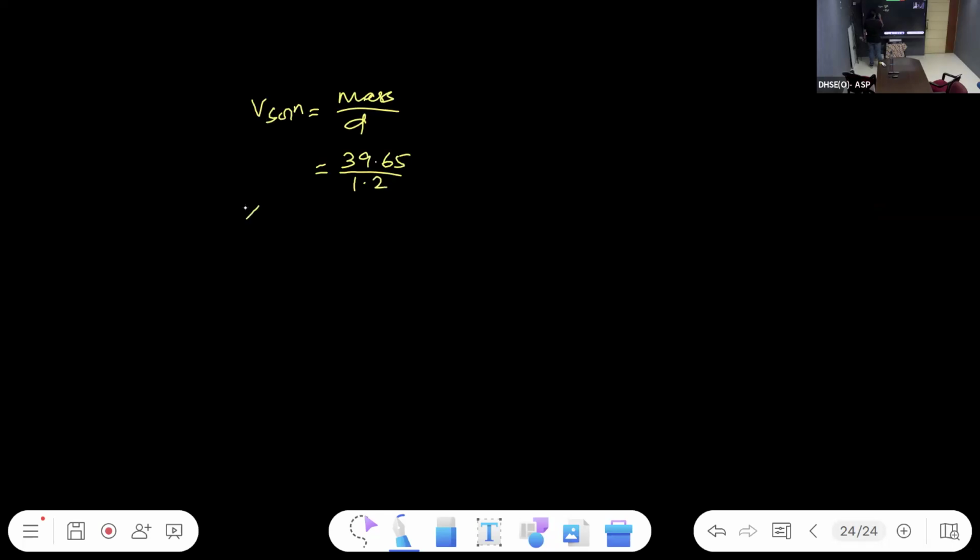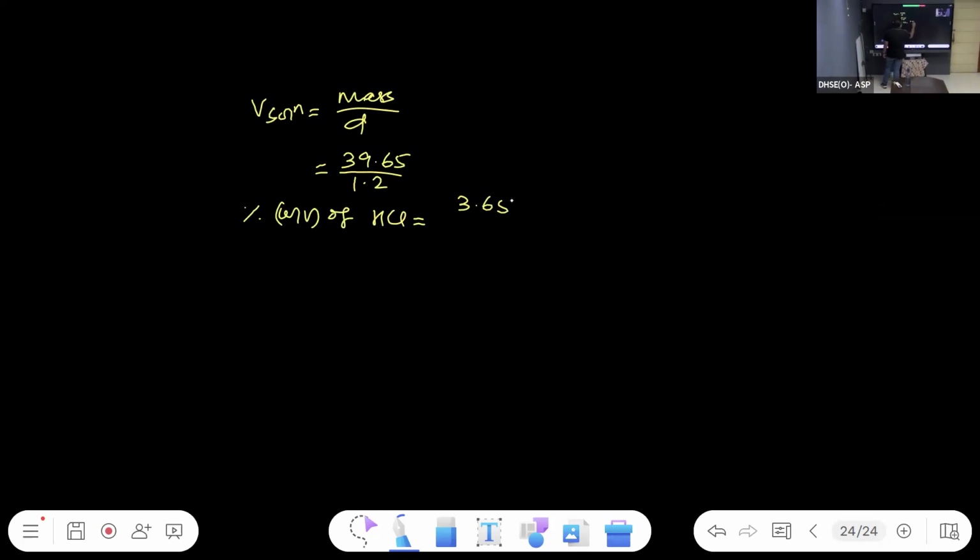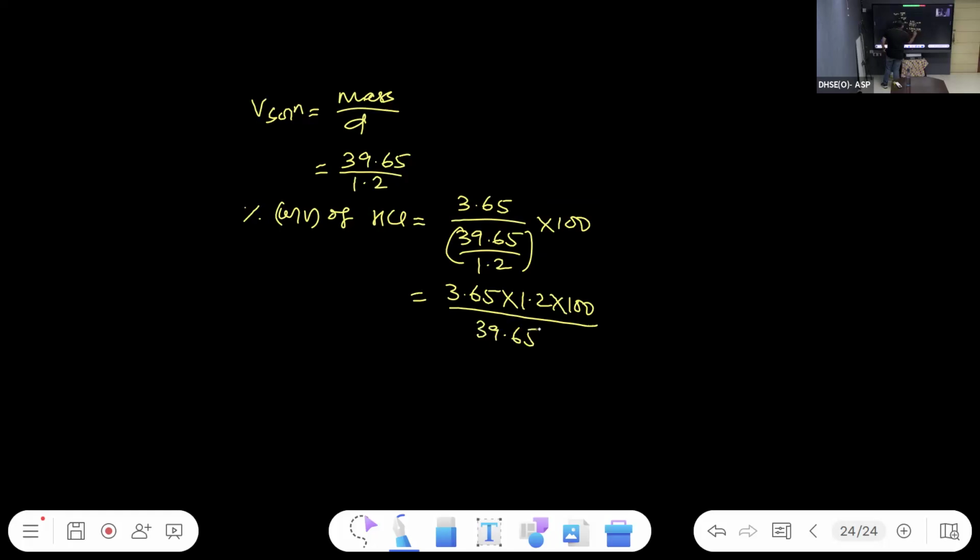This is the volume. Then percentage weight by volume of HCl is mass of HCl divided by volume of solution into 100. So it is 3.65 into 1.2 into 100 divided by 39.65.